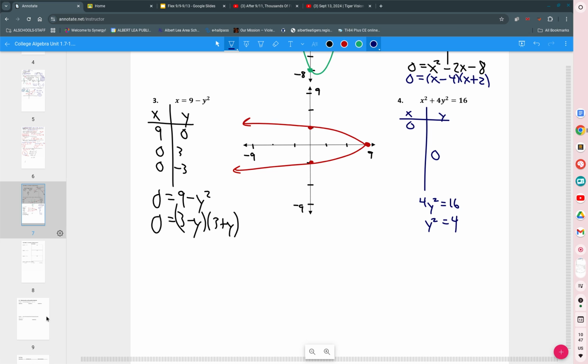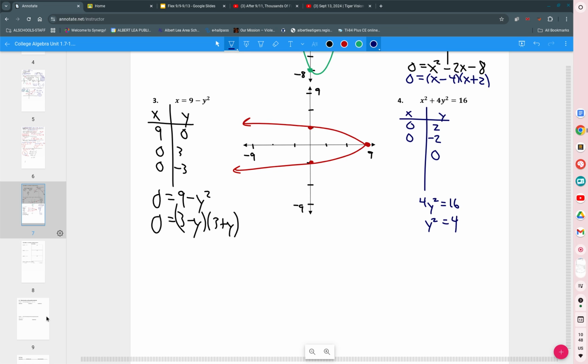If I have y squared, how many solutions will I have? 2. So as you take the square root, you get both a positive 2 and a negative 2. Make sure you list both. Listing 1 is not enough.